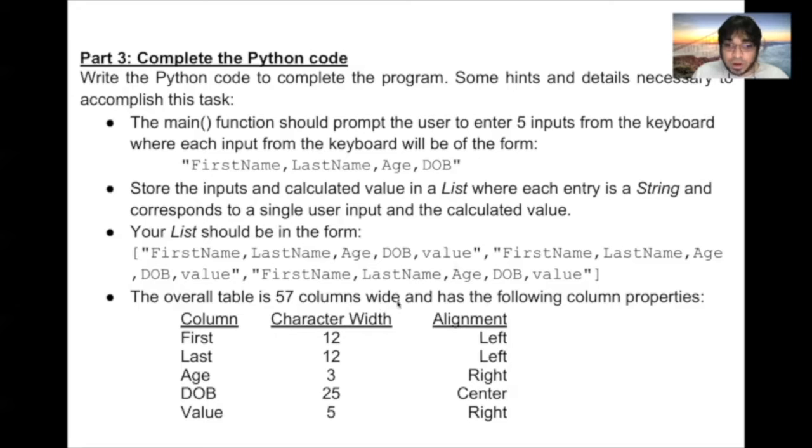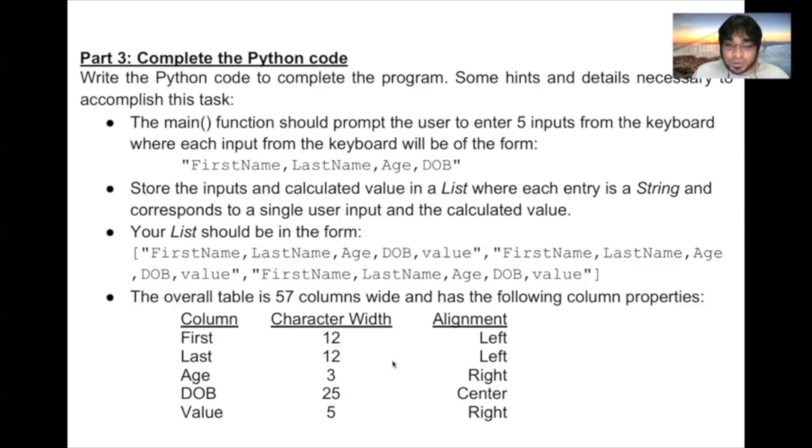And once we are done with creating a list of 5 such strings for 5 people, these are the formatting instructions: the first column is called first, and it's 12 spaces long. The alignment will be left. Last is 12 spaces long, left aligned, and similarly, you can see the rest.